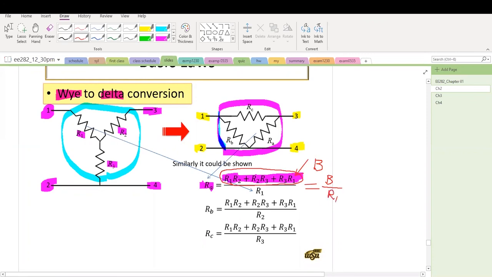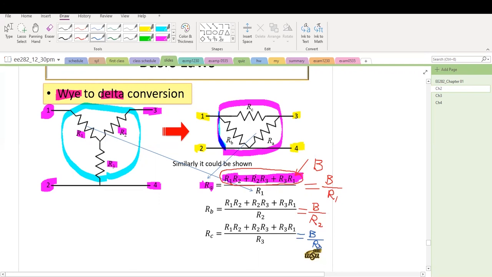And RB equals B divided by R2. RC equals B divided by R3.